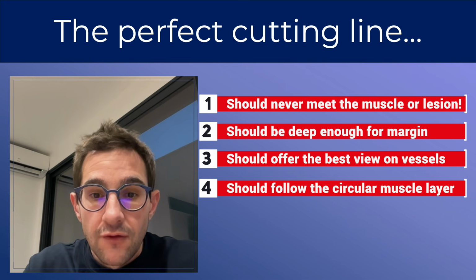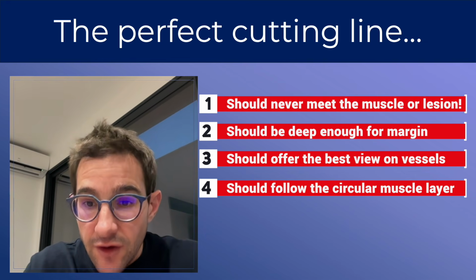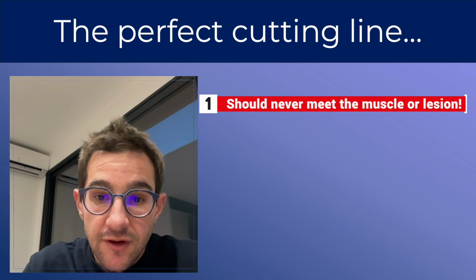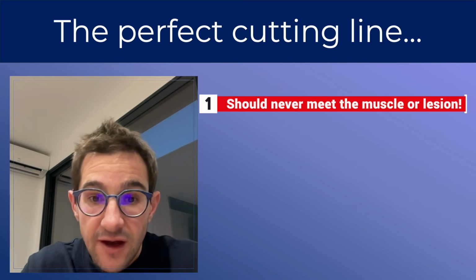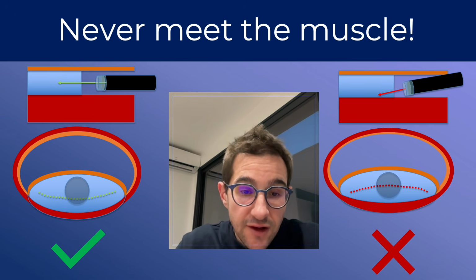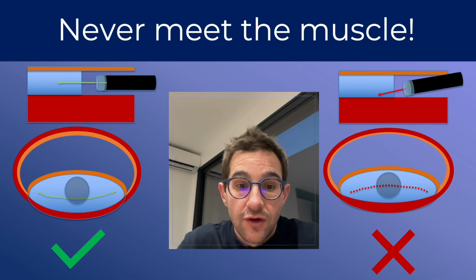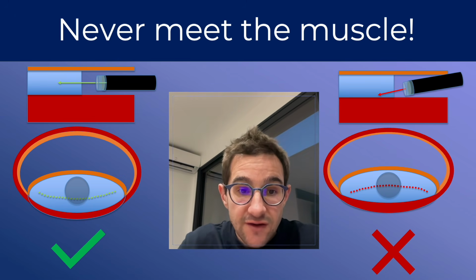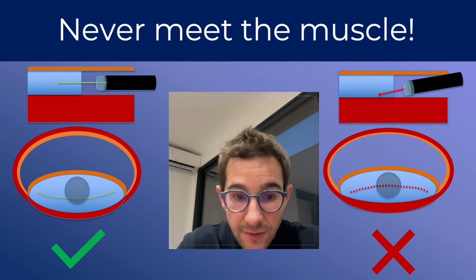So, first, it should never meet the muscle, to avoid perforation and to maintain the R0 resection rate. The cut line never meets the muscle. It means theoretically that the axis of your scope is directed in front of the submucosal layer.